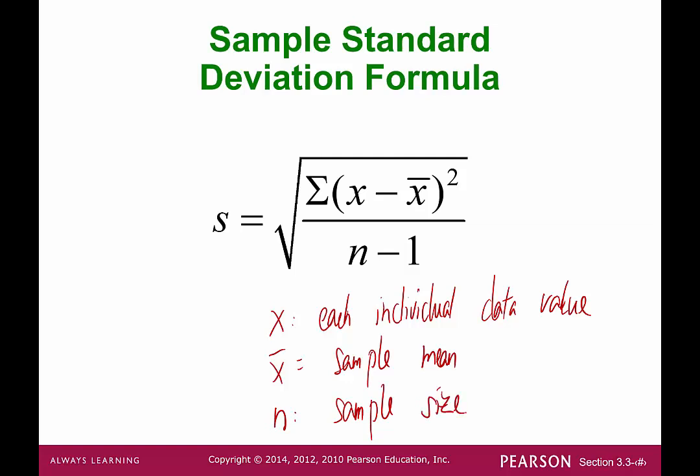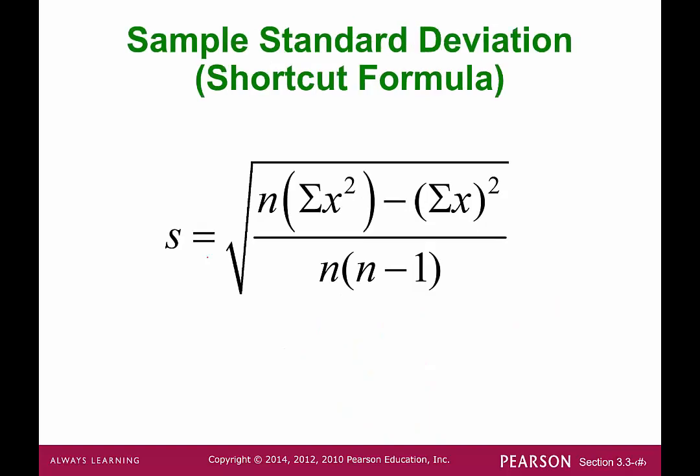You sum up the difference between each individual value and the sample mean, square that, divide by the sample size minus 1, and then take the square root. So this is the first formula.